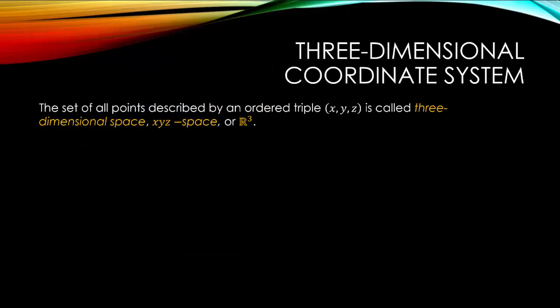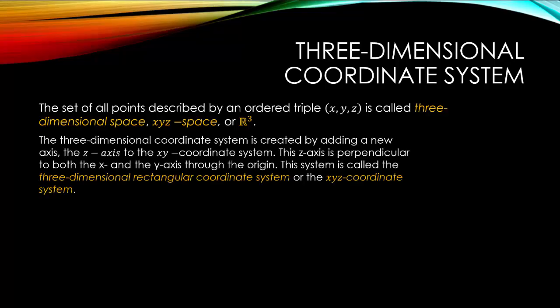The set of all points described by an ordered triple xyz is called three-dimensional space, xyz space, or it can be referenced as R3, where the symbol for the real numbers is used for R, and the 3 appears in the exponent space.